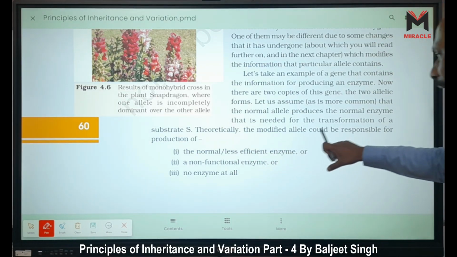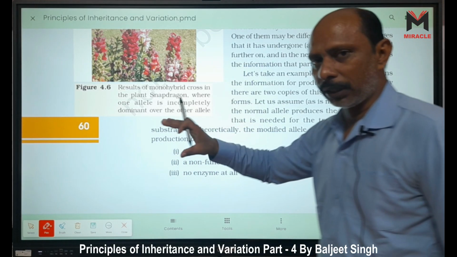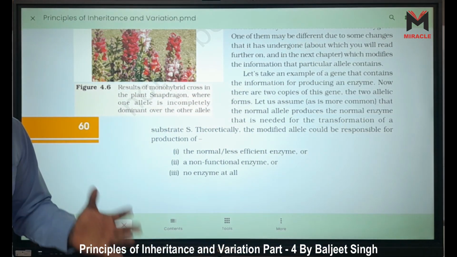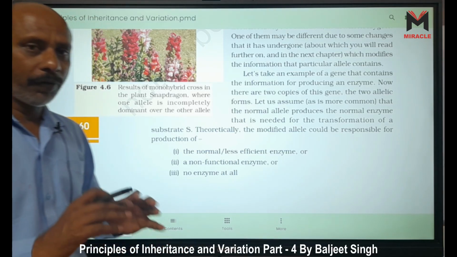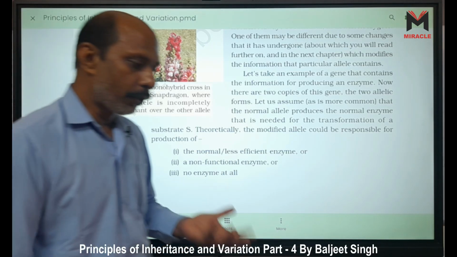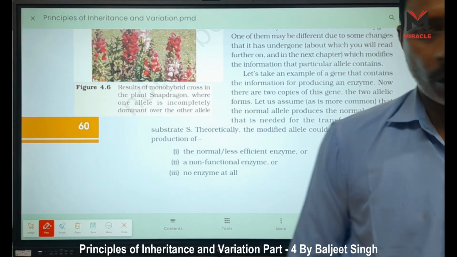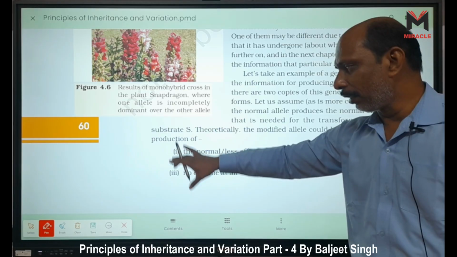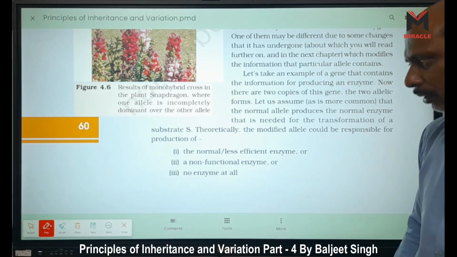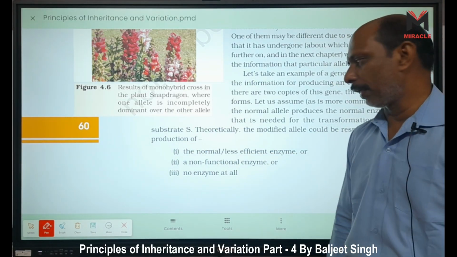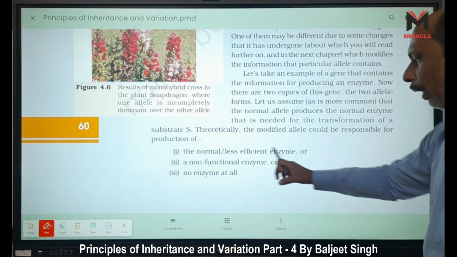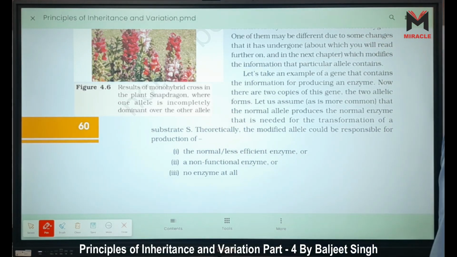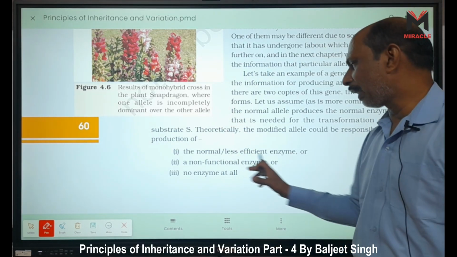Theoretically, the modified allele could be responsible for the production of different things. The normal allele produces the normal enzyme, but a modified allele is one in which a change has occurred, through mutation, recombination or crossing over. Then we have three possibilities. First, the normal or less efficient enzyme. If it is normal, it produces a normal enzyme; some modification means a less efficient enzyme.